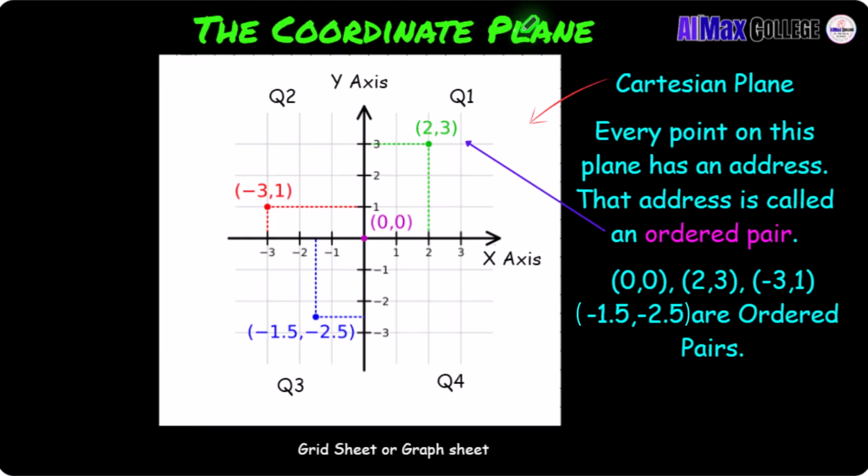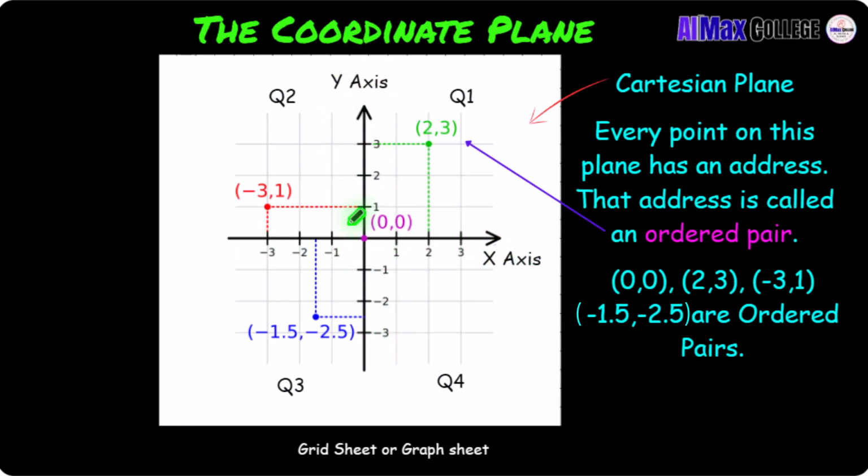Here is a better view of a coordinate plane. This sheet is called a grid sheet or a graph sheet. And here is the Cartesian plane. And this is the x-axis.